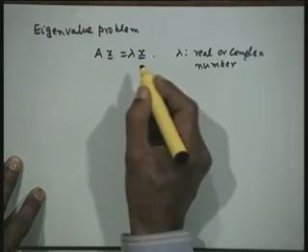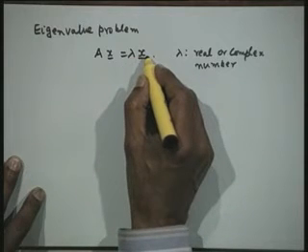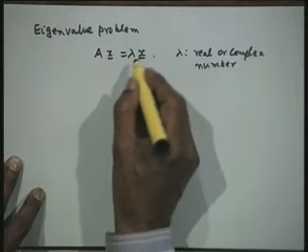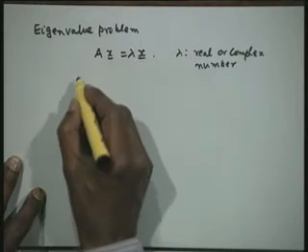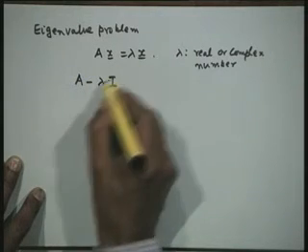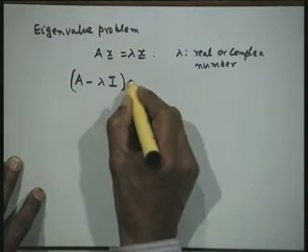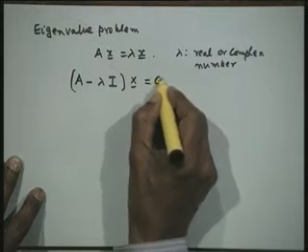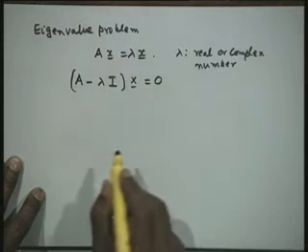The problem is to determine lambda and the corresponding x. If I bring this to the left hand side, I can write this as (A minus lambda I) x is equal to 0. Lambda is a number, therefore, I write lambda times I. So, I bring everything to the left hand side.